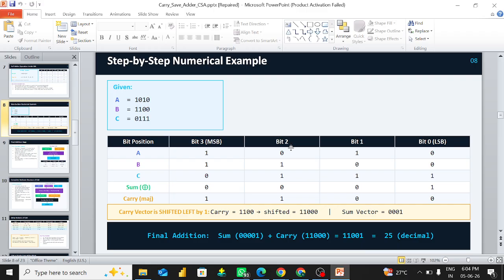For bit 2, 011. What is the answer you are going to get? 10, right? You can ask, why 10? Because what is the answer if you add 0 plus 1 plus 1? You are going to get 2, right?